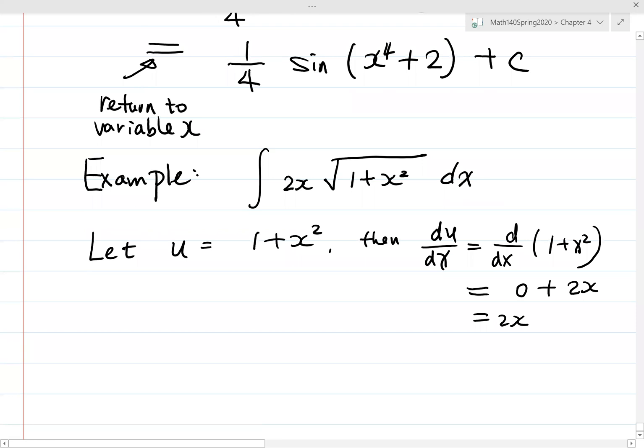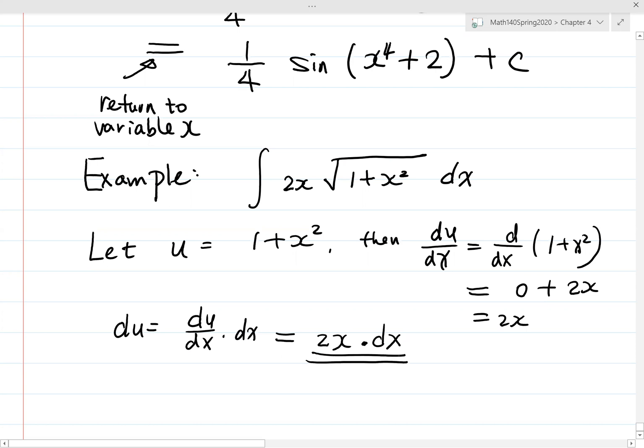What is du? du is du over dx times dx, and du over dx is 2x, so du is 2x dx.